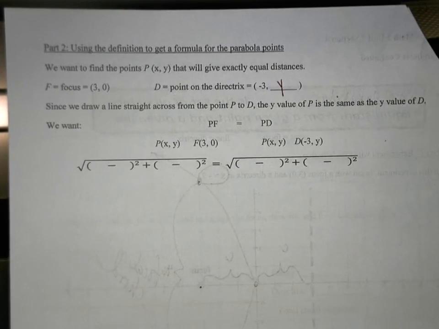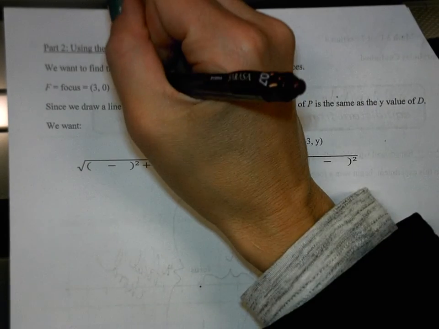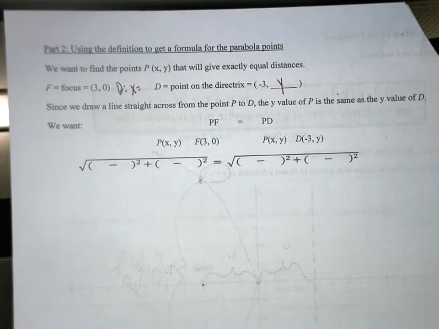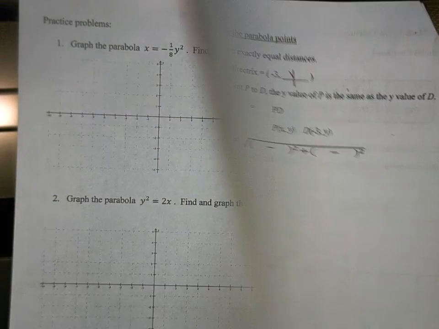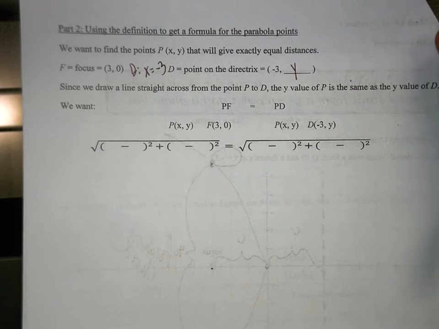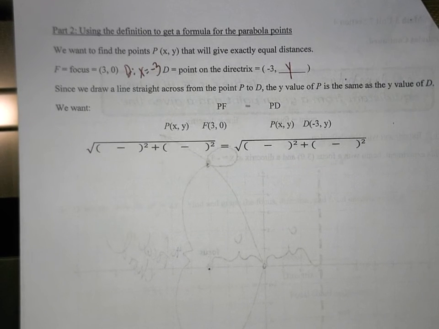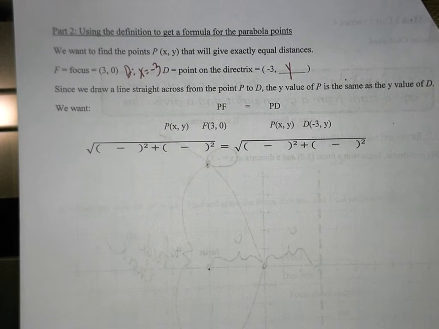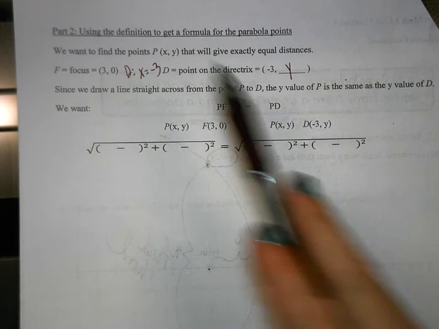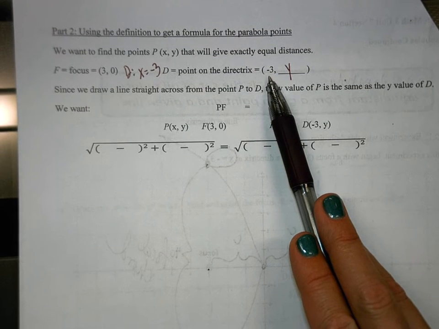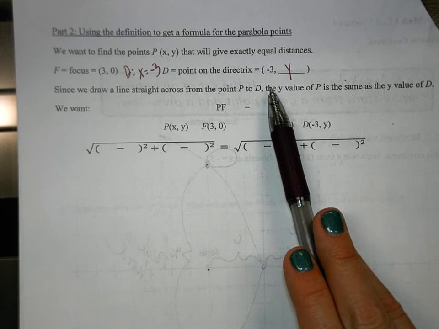If you go back on the previous page, it told us that our directrix was at x equals negative 3. And so remember how in the notes for 7.3, they gave us y equals something, and so we put it in the y part of the point. And so if they give us the x value, we know we're going to put it in the x part of the point. Does that make it okay?